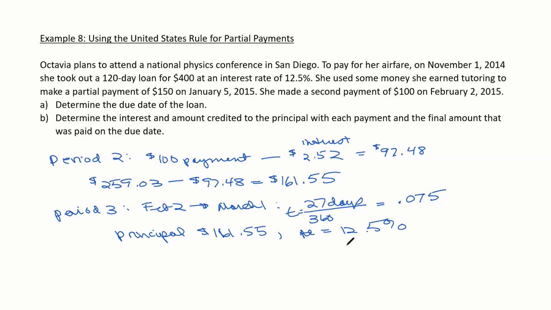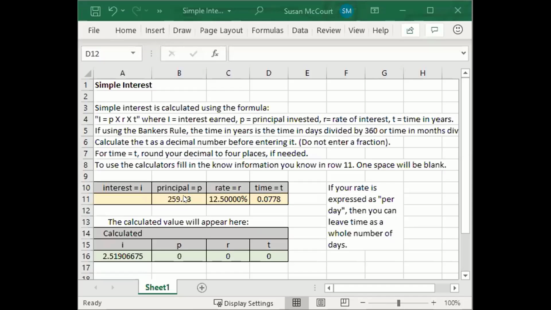Okay, so let's go back to the simple interest calculator. We put in our new principal now of 161.55, our 12.5%, and our new time of 0.075.